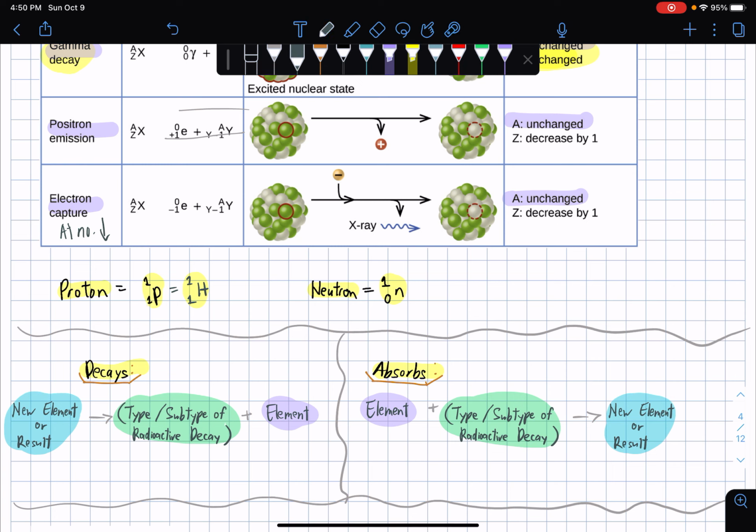Since the proton count is equal to the atomic number, it is one of the building blocks that constitutes an atomic mass.